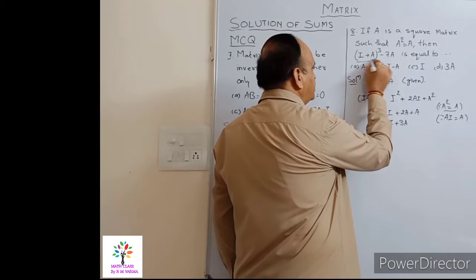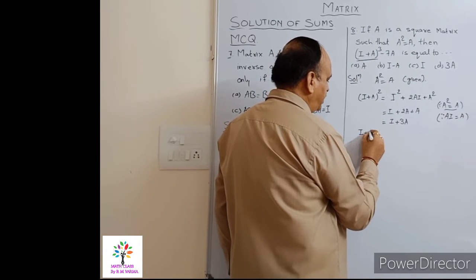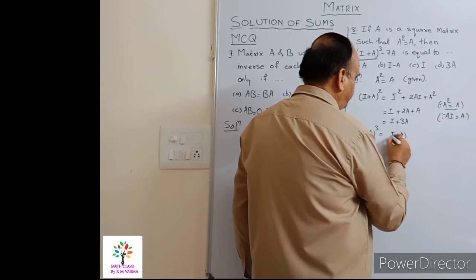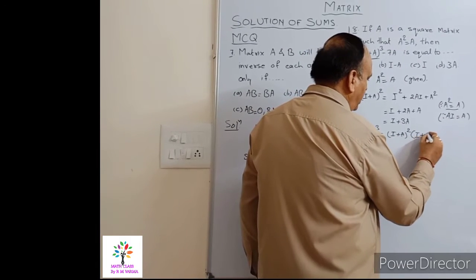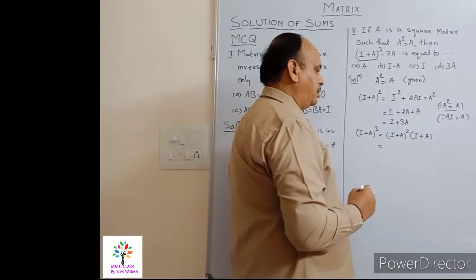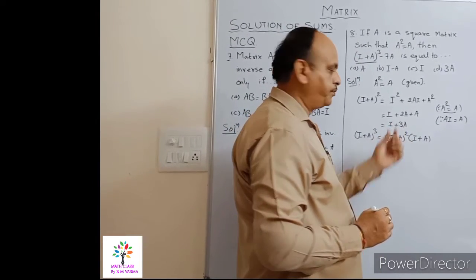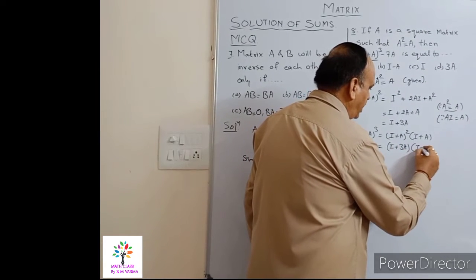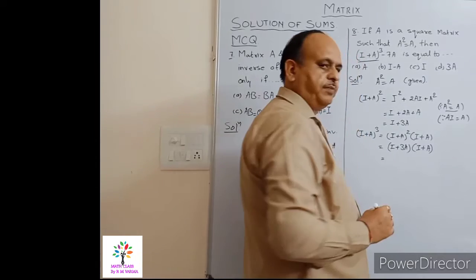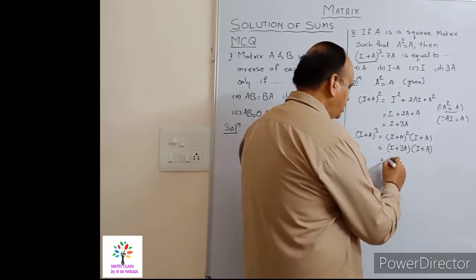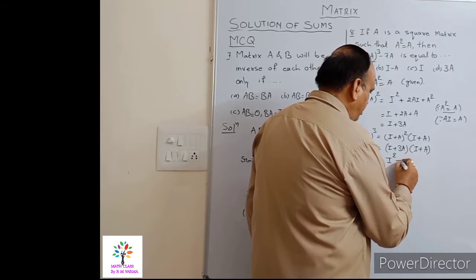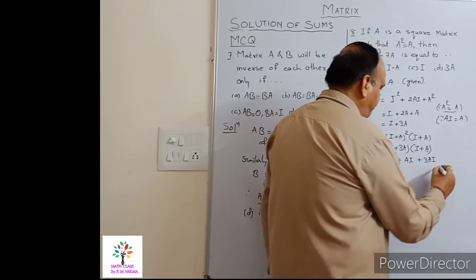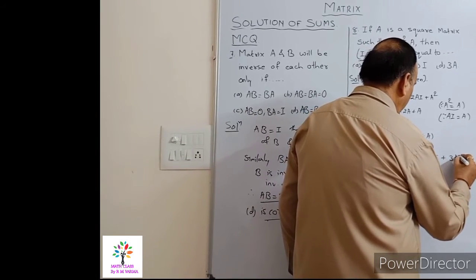Now, I want to get the answer of (I plus A) whole cube. So (I plus A) whole cube equals (I plus A) whole square into (I plus A). Now, (I plus A) whole square, I have the value. So I replace that value, (I plus 3A) and (I plus A). Further simplifying this using multiplication, it is I square plus AI plus 3AI plus 3A square.